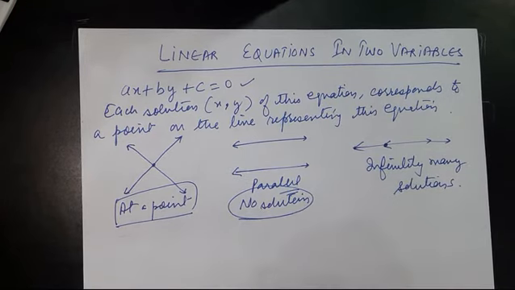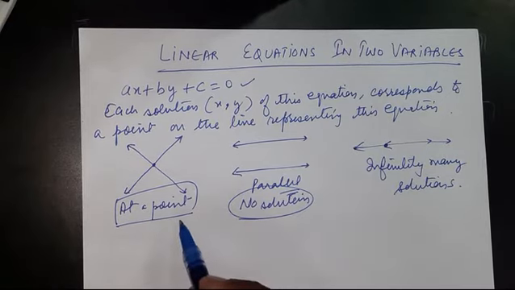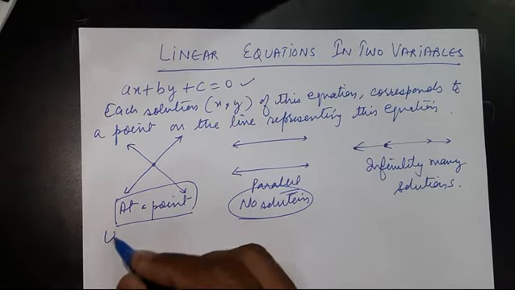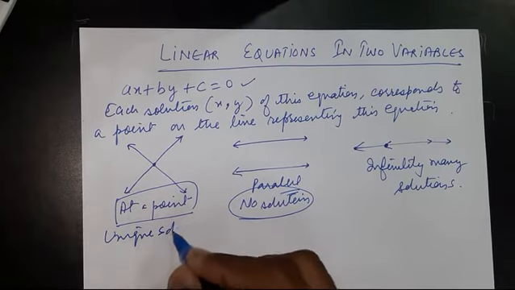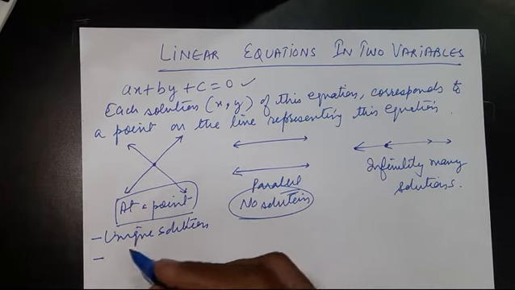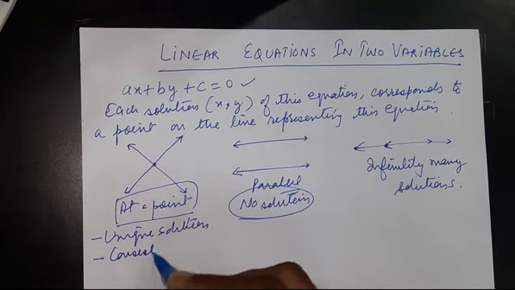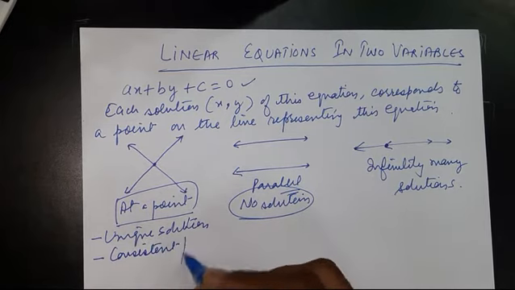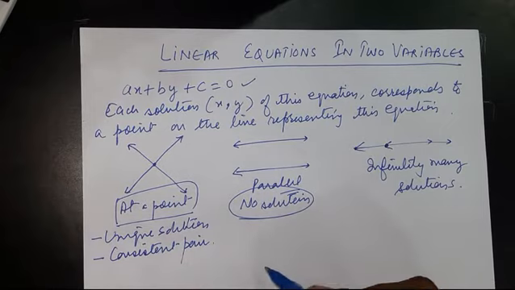To represent it more, we can take an example. If the lines are intersecting at a point, we say that a unique solution is there, firstly. Secondly, we also term the equation as a consistent pair of equations, consistent pair.